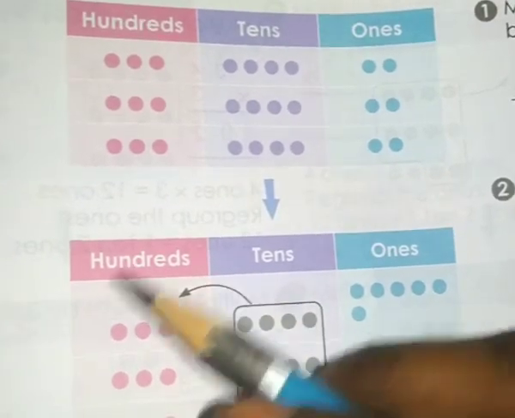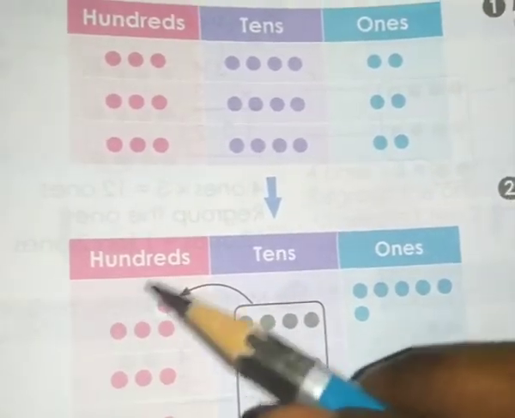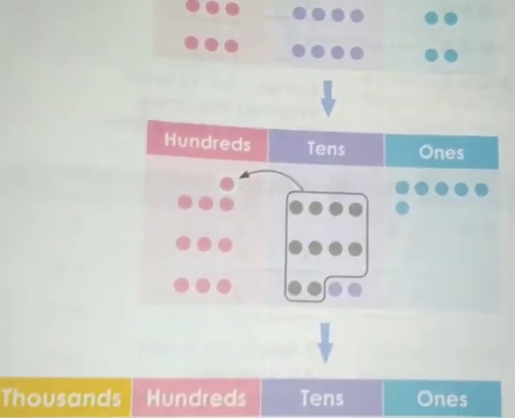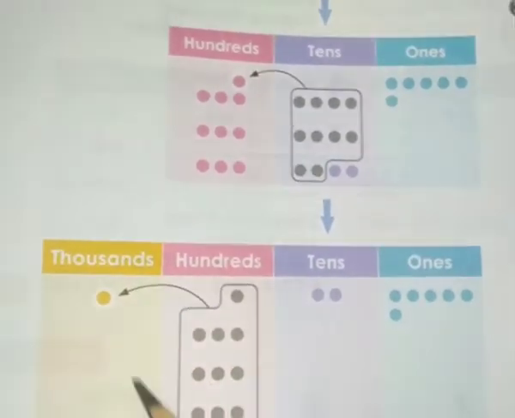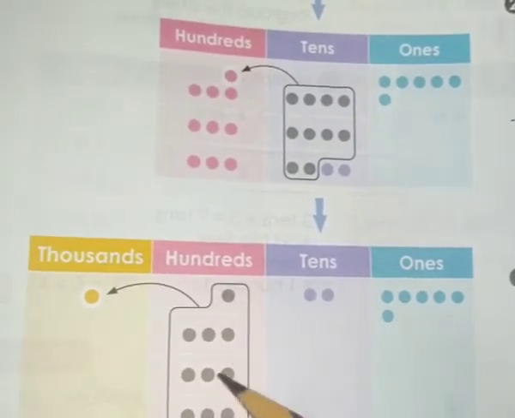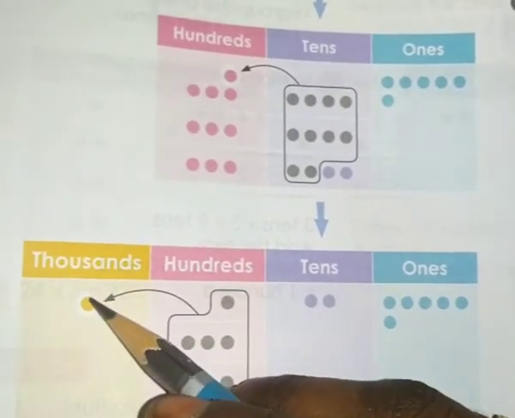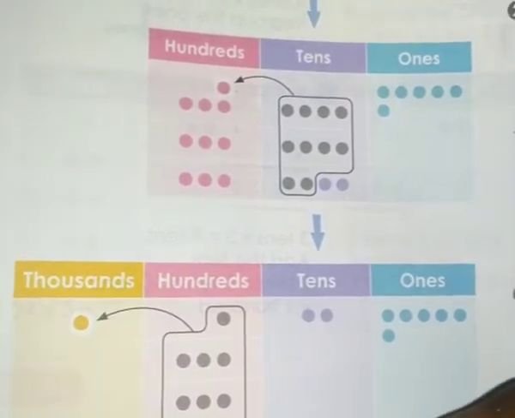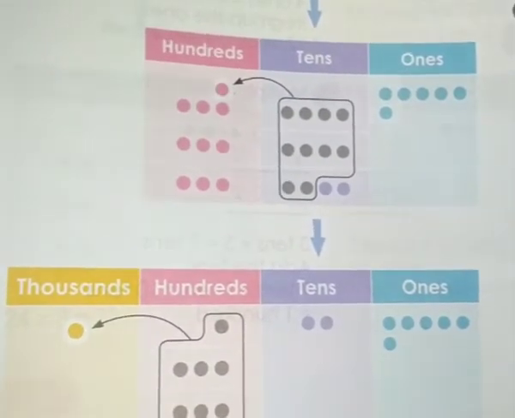So totally 10 dots. 10 hundreds are equal to 1000. See here, all the hundreds combine together and move to the thousands place as 1000.